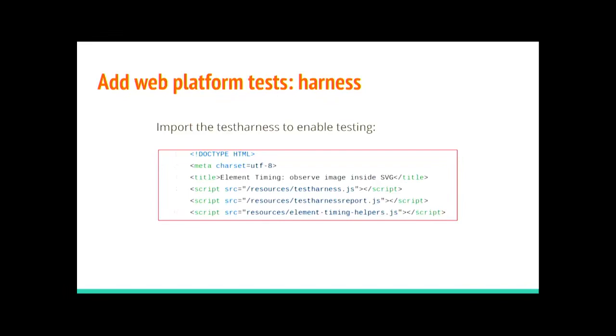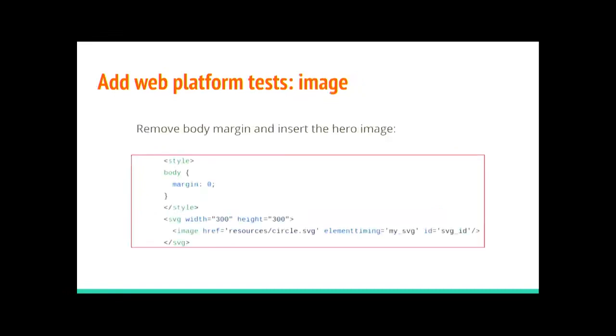Here, at the beginning, you have some imports of some scripts, which are the test harness. They just allow you to create new functions and do some assertions inside the HTML file, because that's what the test is. Then we have some content of the actual test, so there's some style there, and then we have a hero image, which is annotated with the element timing HTML attribute.